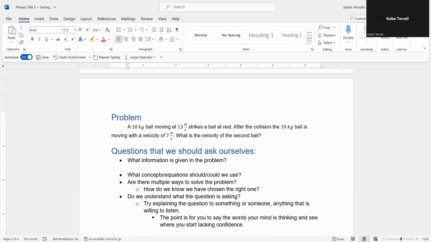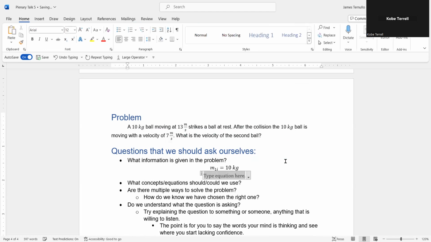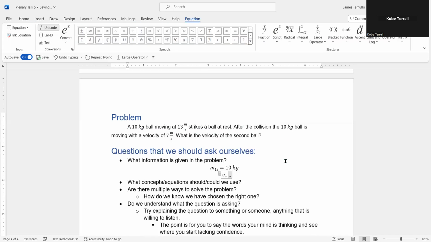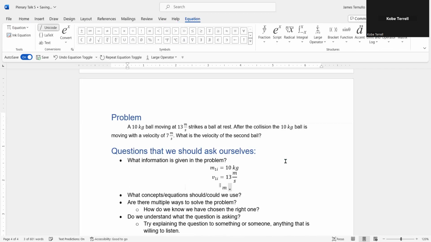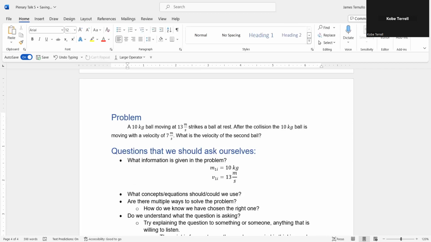So what is the information that we're given? We're given an M1I if we call the 10-kilogram ball object 1. We're given a V1I, the velocity of that object, at 13 meters per second. We're not given the mass of the second object.